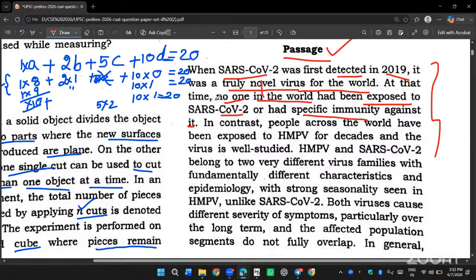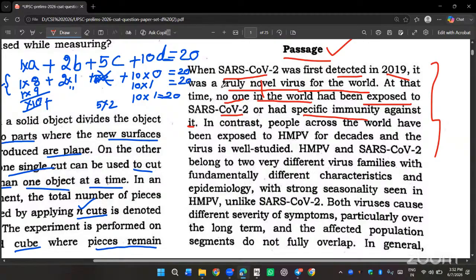You have to concentrate on each and every word. Instead, only, all, always, occasionally, specific. These words will give you different answers. So concentrate on that while reading the comprehension passage.